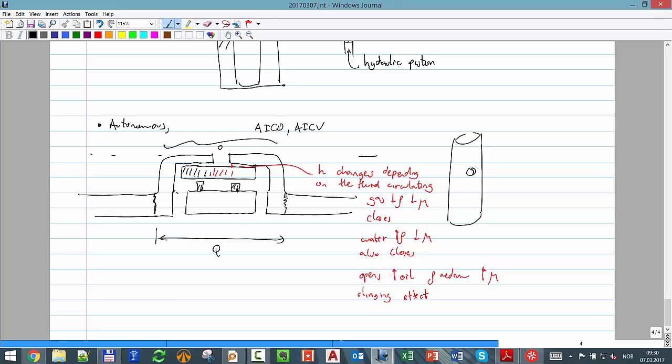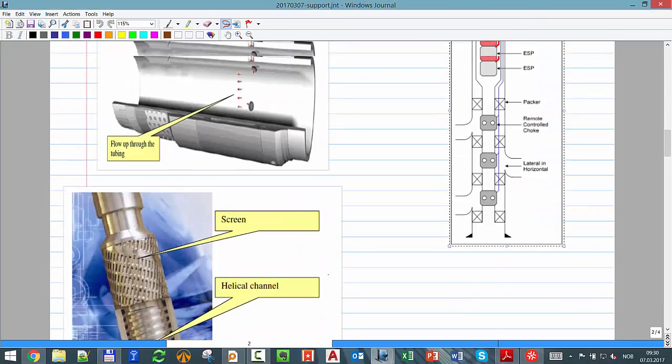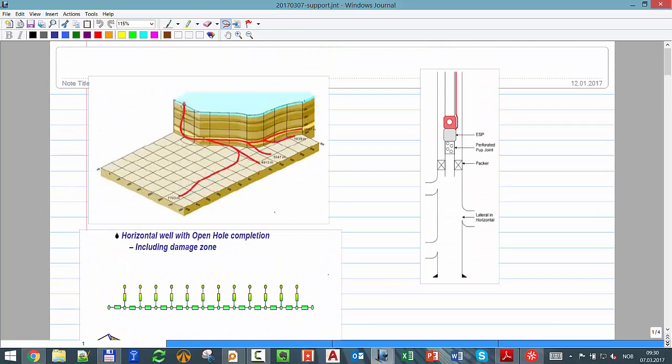I see. So the conclusion, let's see if I have some more nice images. I don't think so, but the conclusion is that you might have downhole networks depending on the completion.